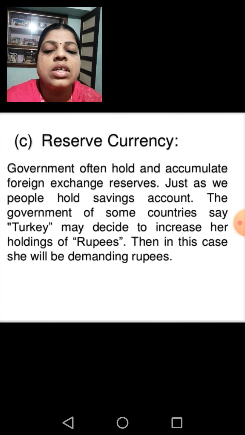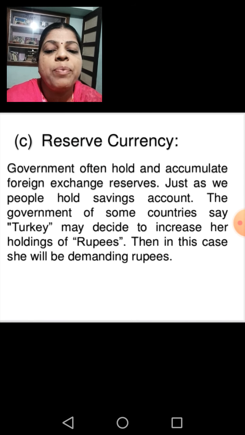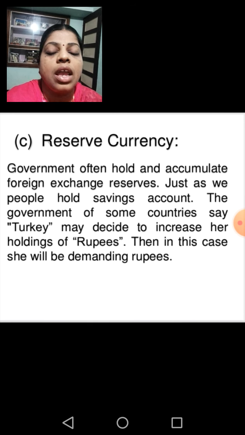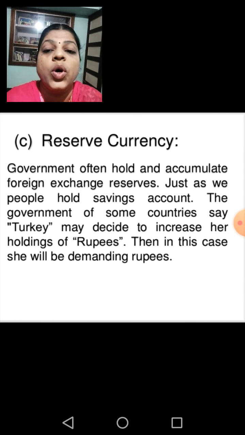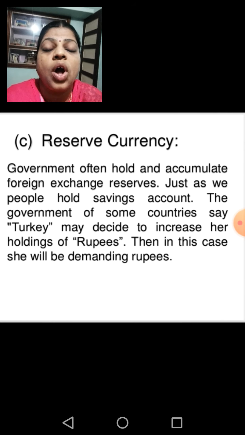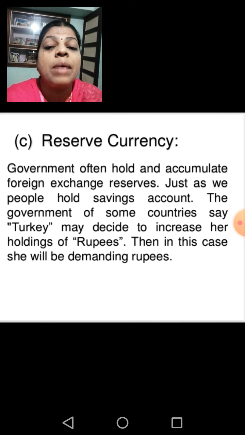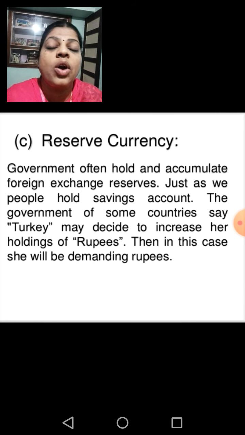Then the third factor is that governments often hold and accumulate foreign exchange reserves. Just as we people hold savings accounts, the government of some countries, say Turkey, may decide to increase her holdings of rupees. Then in that case, she will be demanding more and more rupees. So children, what is this? In order to meet our emergencies, we hold some money as savings or deposits in our savings account.